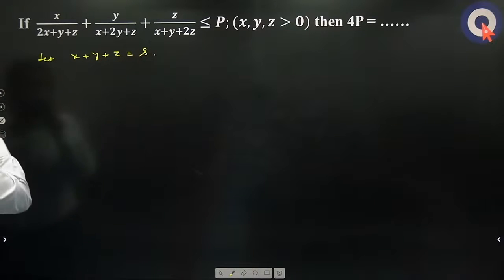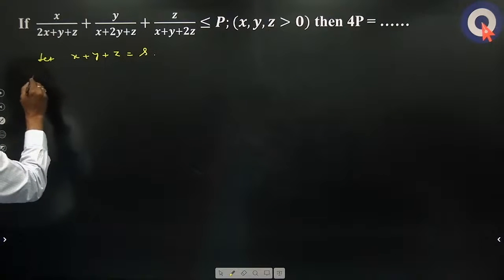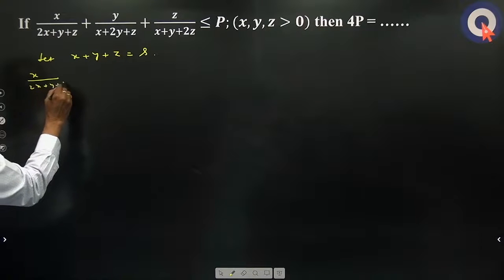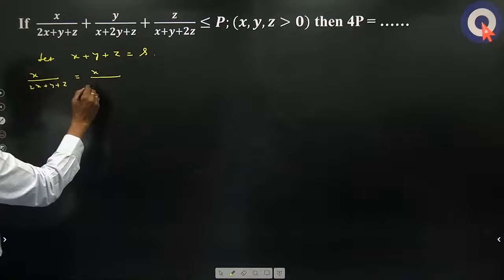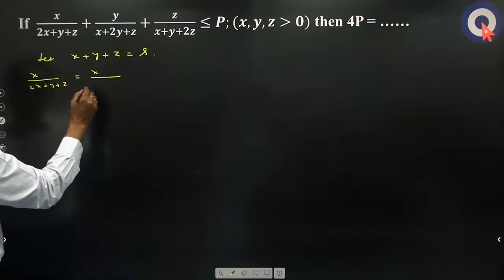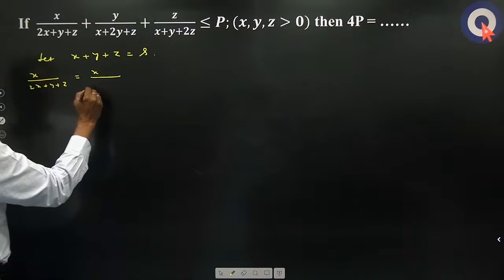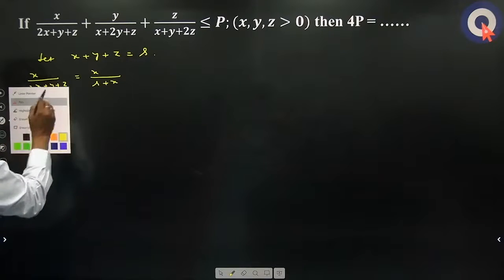All right. Then I will choose a function so that x by 2x plus y plus z will become x by s plus x, like that we can write. So we can write that later.